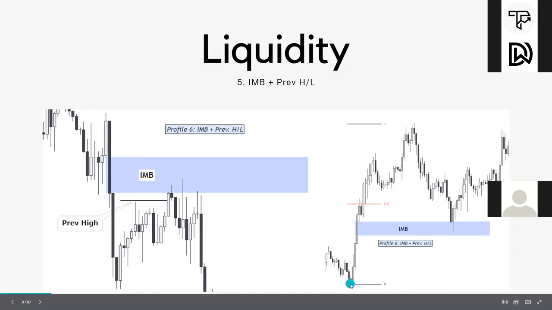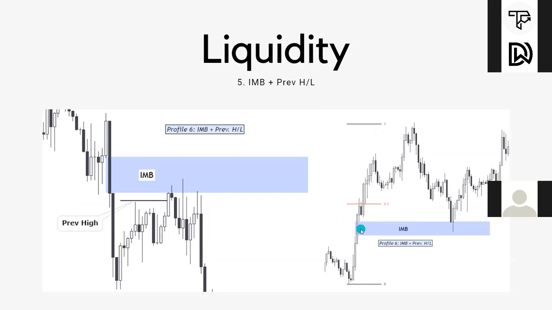As I've shown on this side, we have an impulse leg towards the upside, we take that, we see the premium above and the discount below the red line, and we see price reacting off of the imbalance. Now you might ask, how did I know it's going to react off of the discount, off of that imbalance? Well, there are 2 things in my answer for how I would know that it's going to be reacting off of that area.